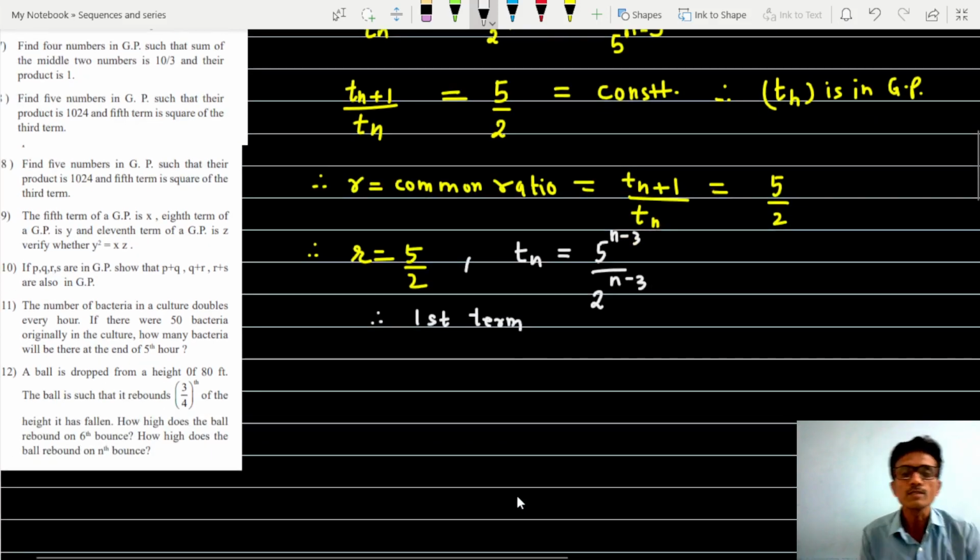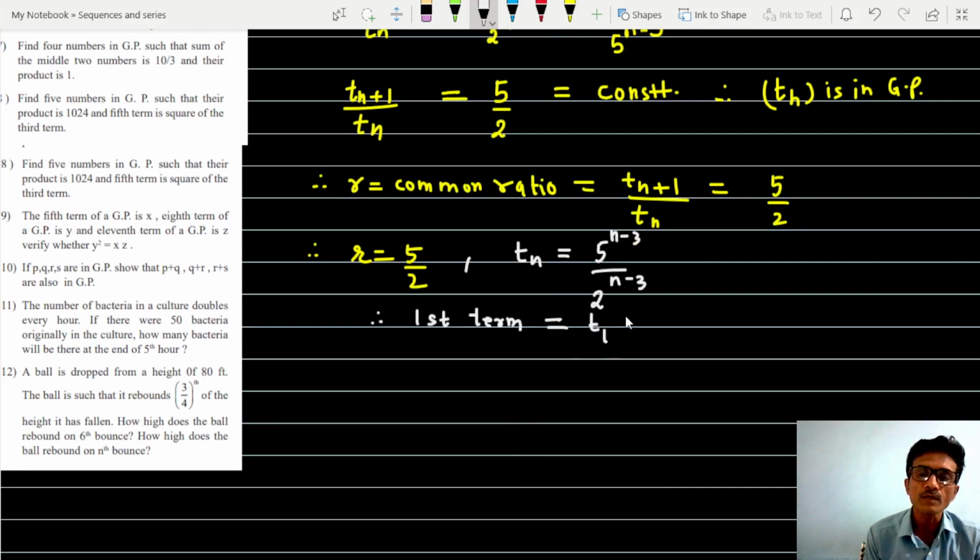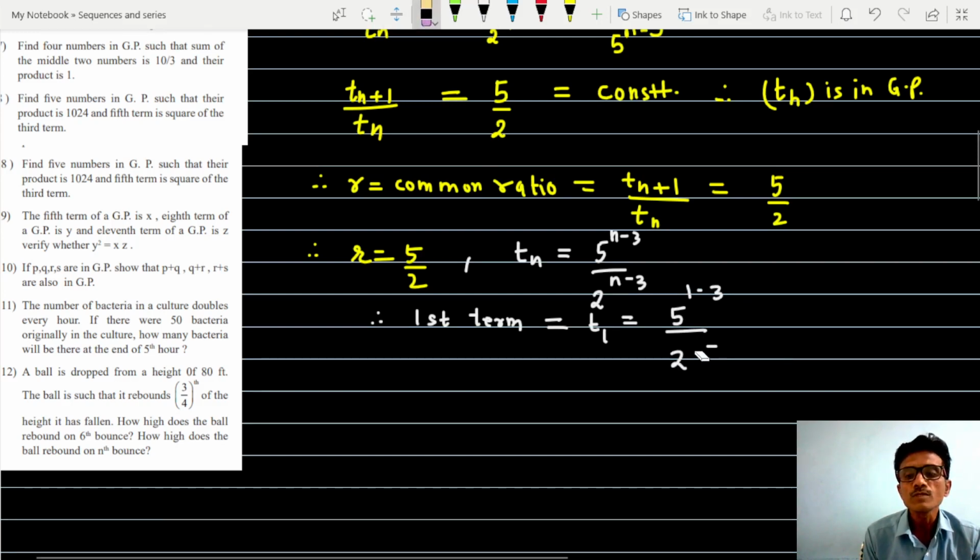So we put n equal to what? 1. First term T1 is equal to 5 raised to power 1 minus 3, n replaced by 1, and 2 raised to power 1 minus 3. Sorry, it is 2 raised to power 1 minus 3.